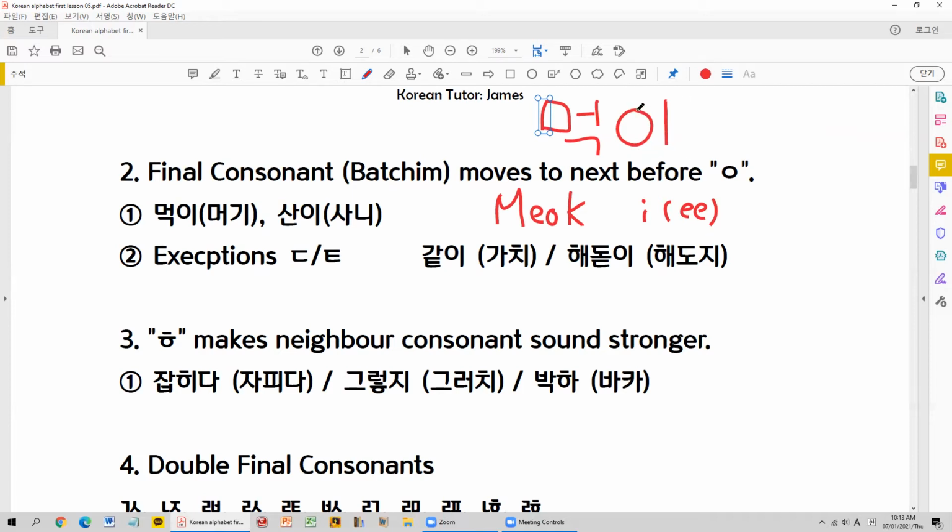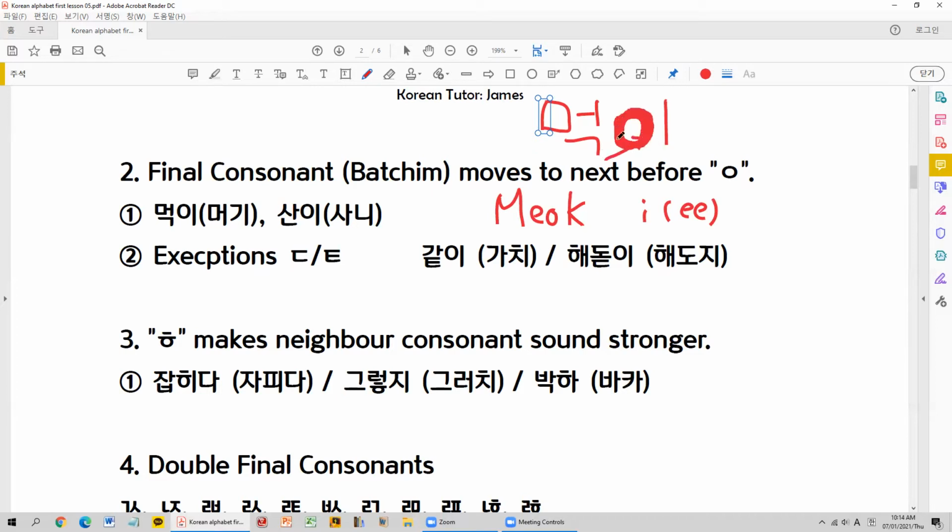So when you see a circle, the circle doesn't have any sound. So what does this circle do? This circle brings up the previous final consonant.